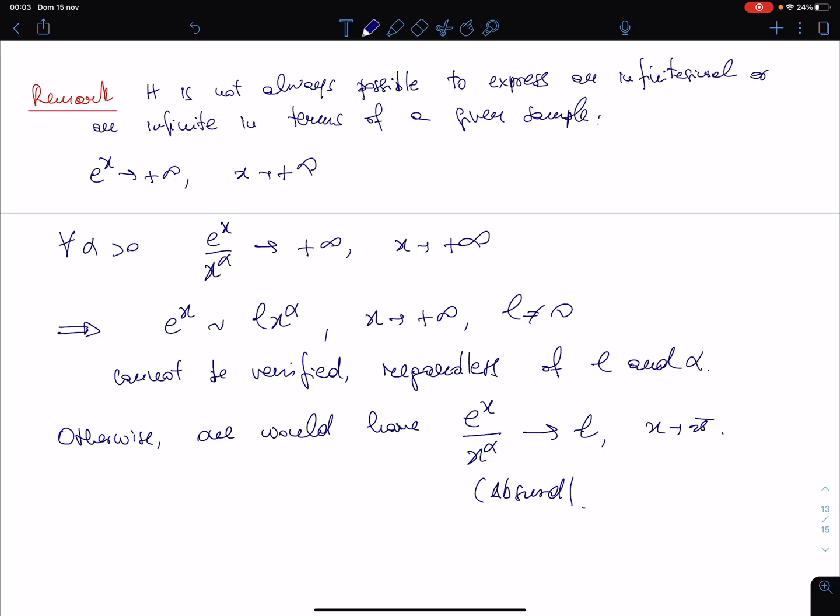So it is not always possible to give the principal part of a given function in terms of a given sample.